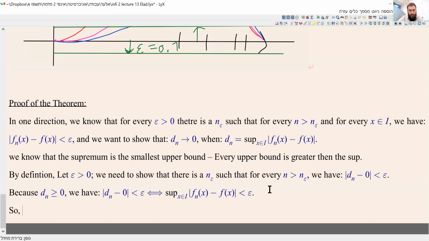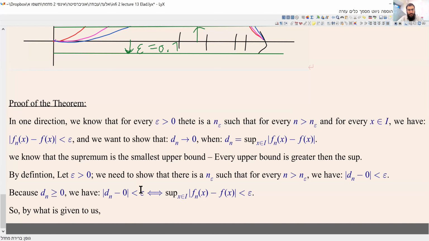So by what is given to us, it is correct for every epsilon. There is an n epsilon such that for every n and for every x, I don't need this here.